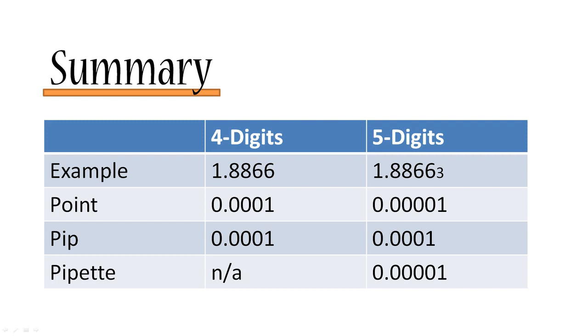In the 5-digit system, it's 0.00001. A pip never changes. A pip is always fixed regardless of the quotation system, and it is equal to 0.0001. And a pipette, there is no such thing in the 4-digit system. In the 5-digit system, it is there because there is enough precision.